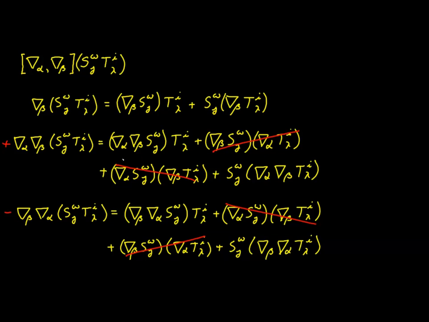Now, if you look at these 2 guys together, you'll see they both have a common factor of t i lambda. And these 2 guys, this one and this one, when we subtract this from this, it's obviously the commutator operation applied to s omega j.